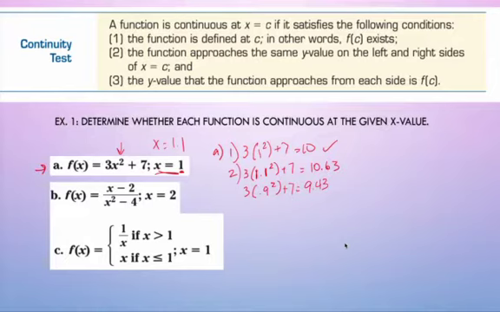So the function appears to be approaching 10 from this side, and appears to be approaching 10 from this side. So approaching the same number from both sides, and is that number equal to this number? Yes. Passes all 3, so this is continuous.